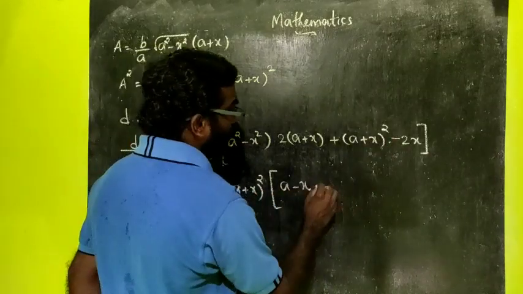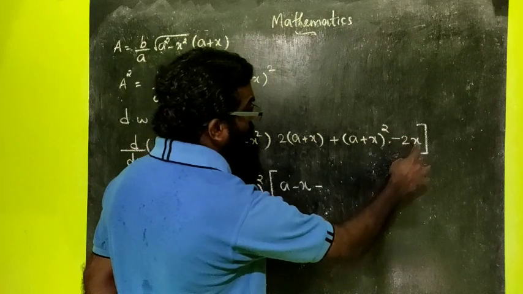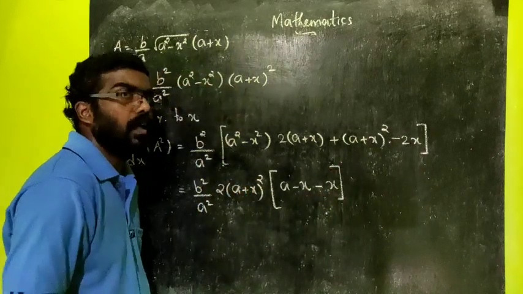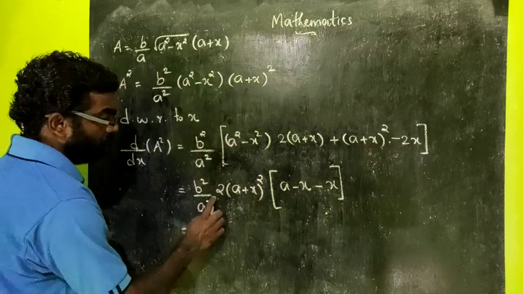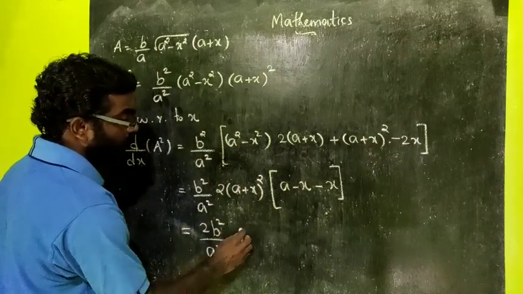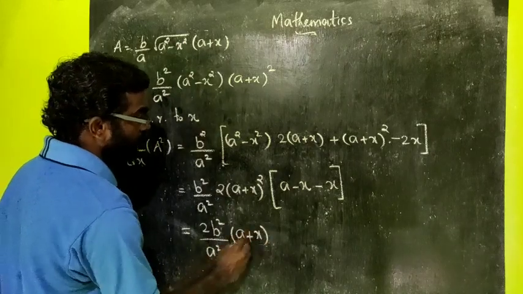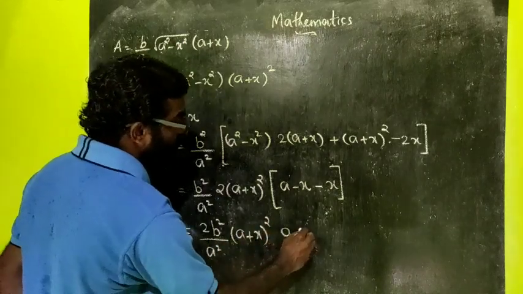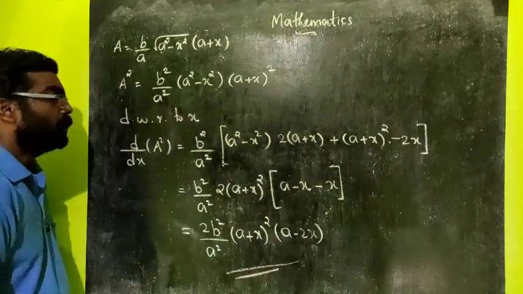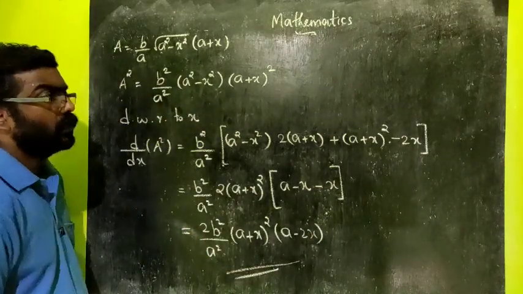Here on minus sign. Then 2 we take it out. Remaining is on x. Okay. Which is equal to 2b square by a square into a plus x the whole square. Here a minus 2x. Okay, this is first order derivative d by dx of a square.